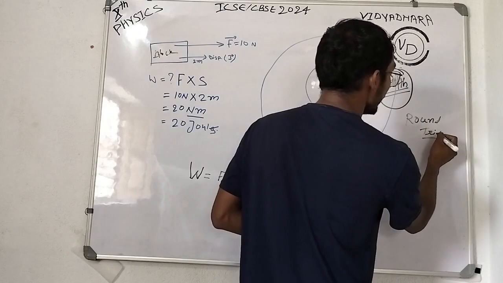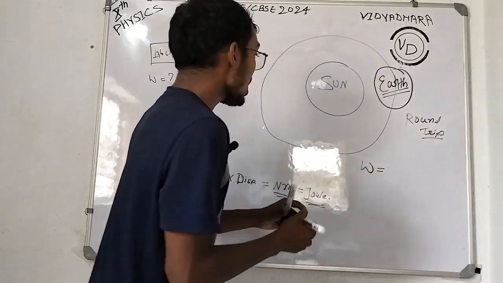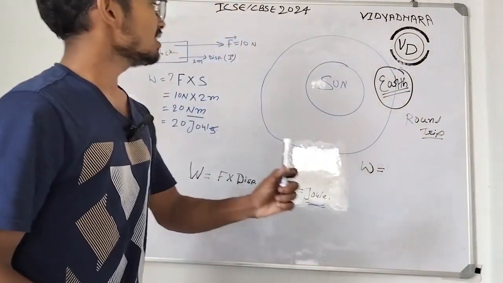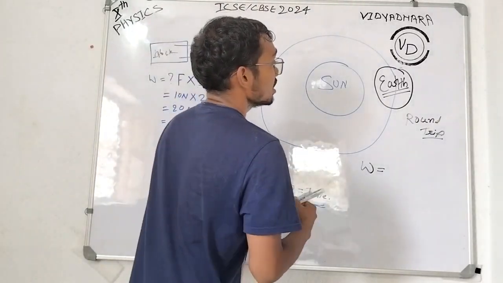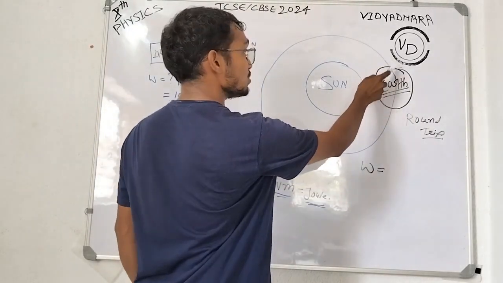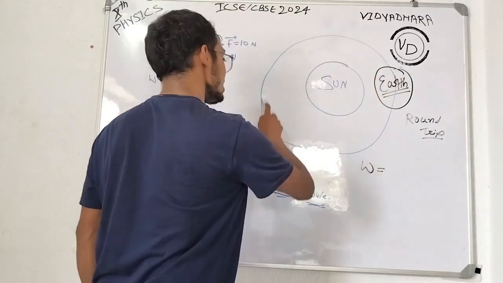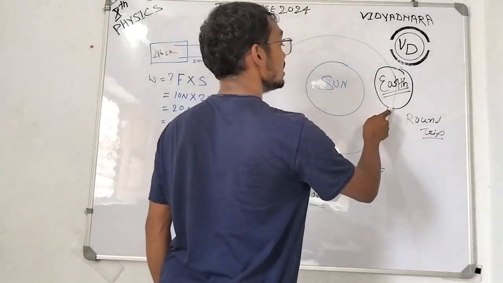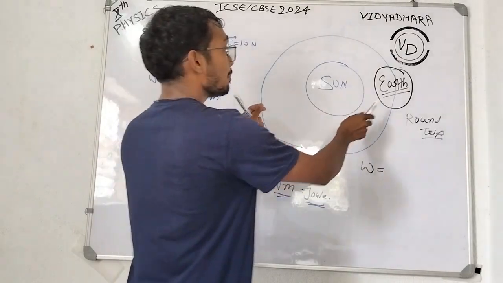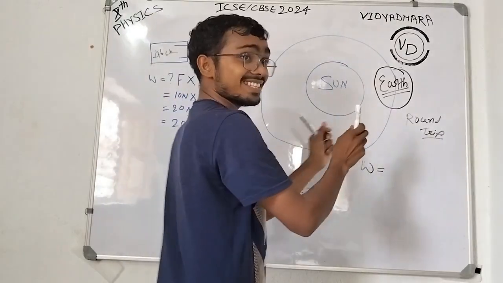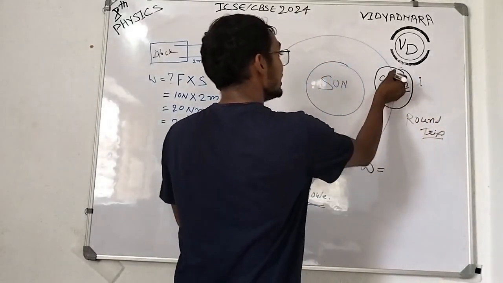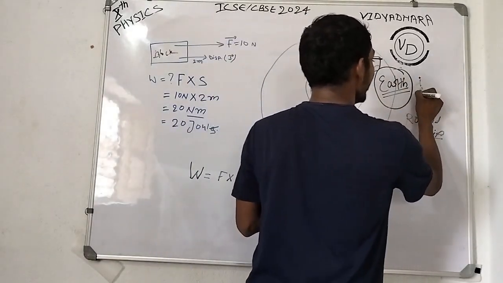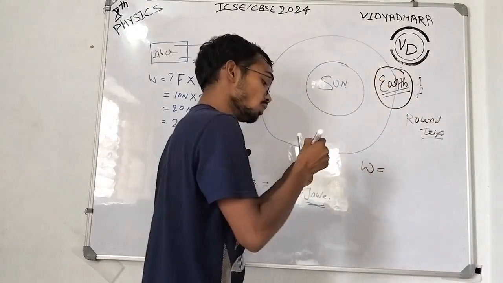The earth starts to revolve around the whole circular path, where the initial point is here and it comes again to the final position, which is here also.